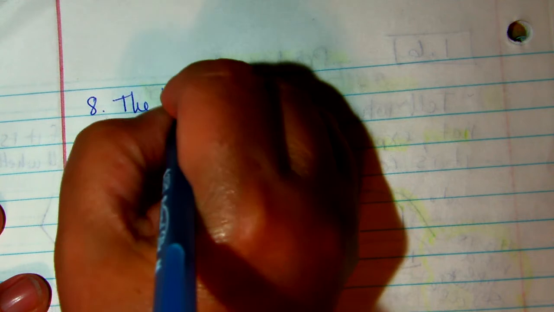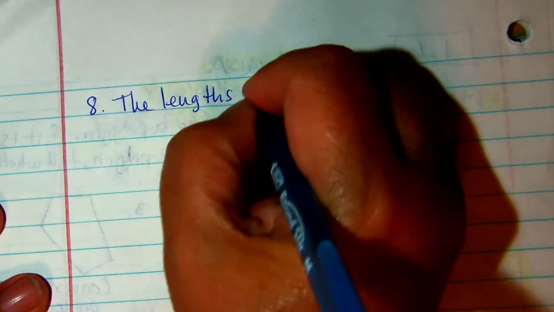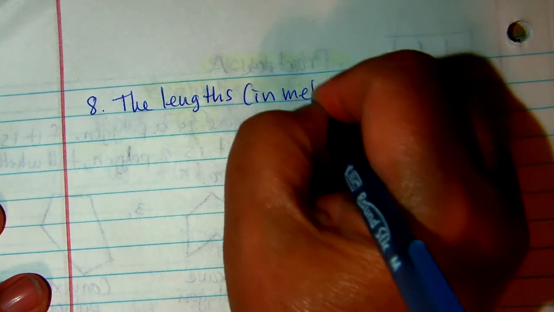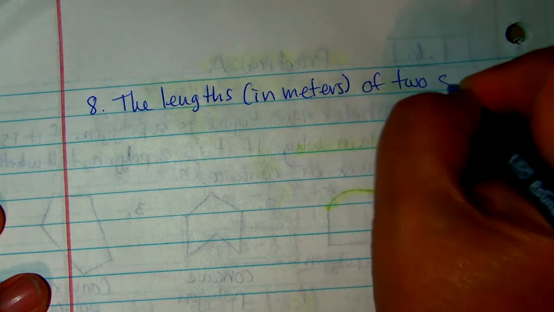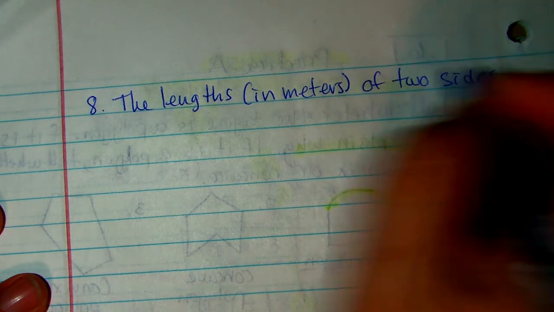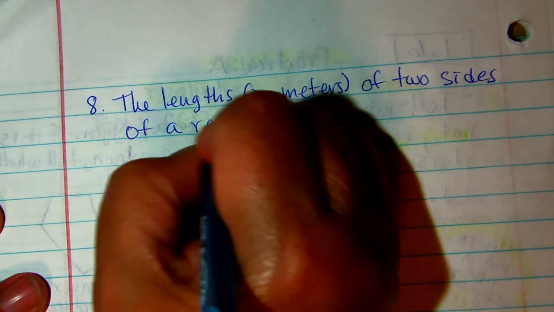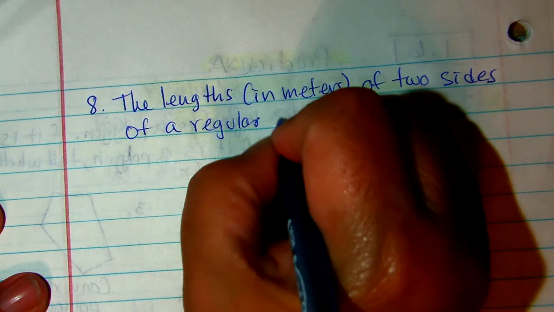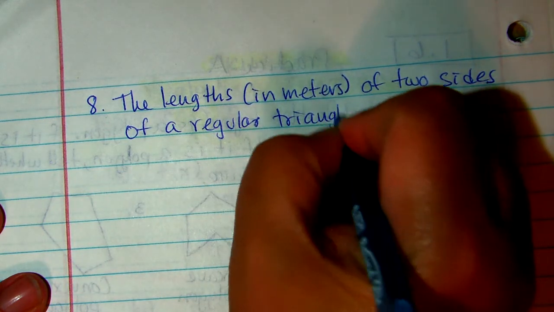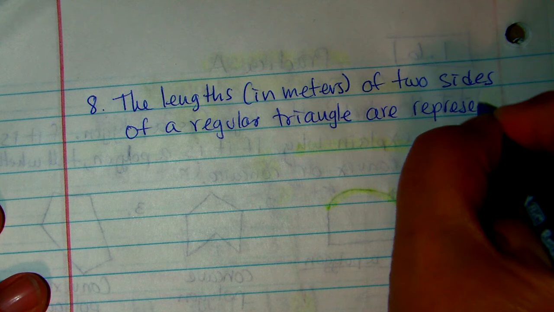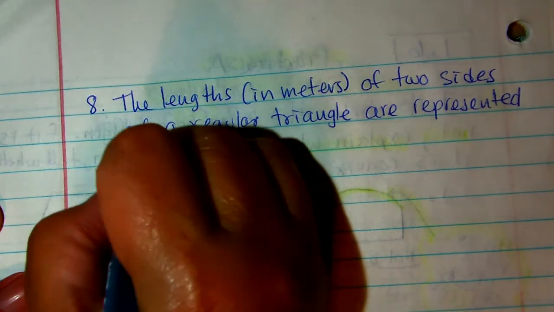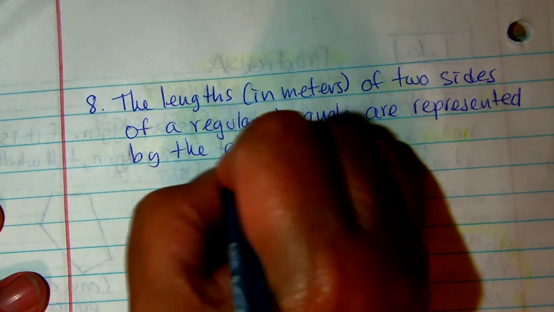Number 8 says the lengths in meters of two sides of a regular triangle are represented by the expressions.